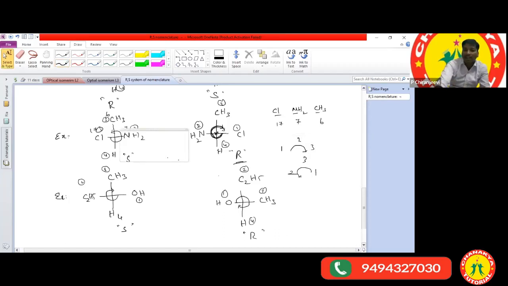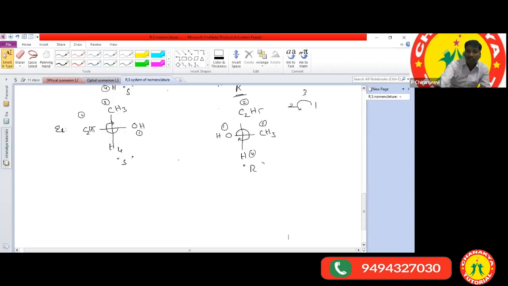Right, ma'am. And another condition. First, we saw the case where the least priority group is present on the vertical line. What is the second condition?